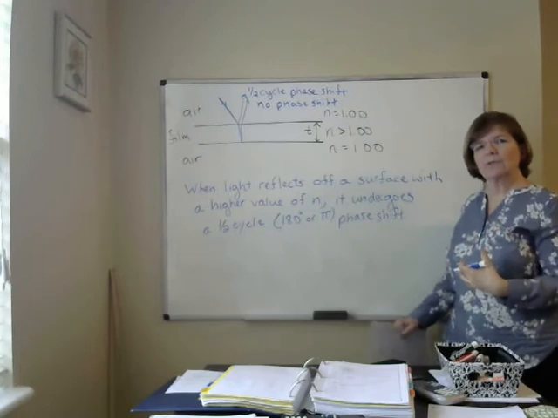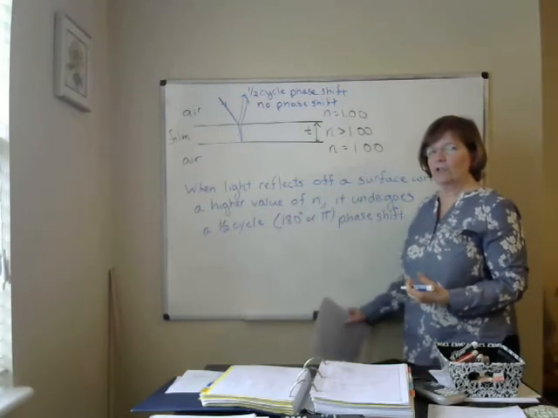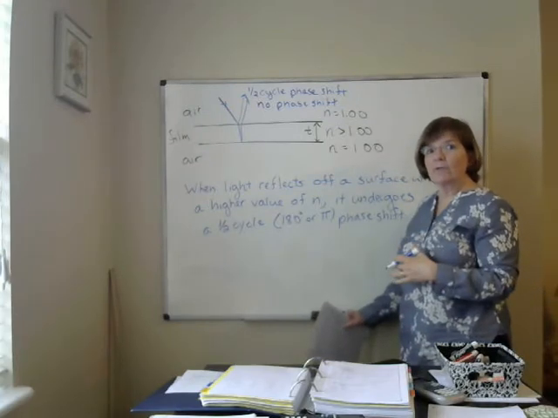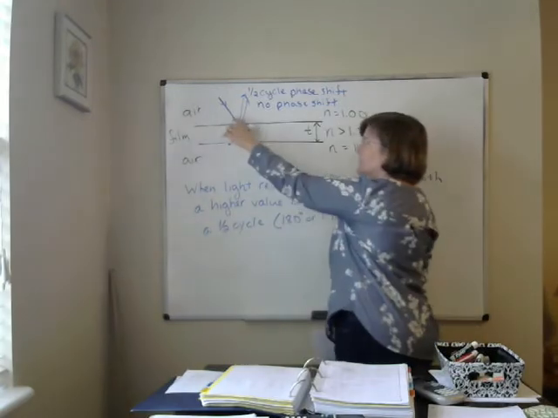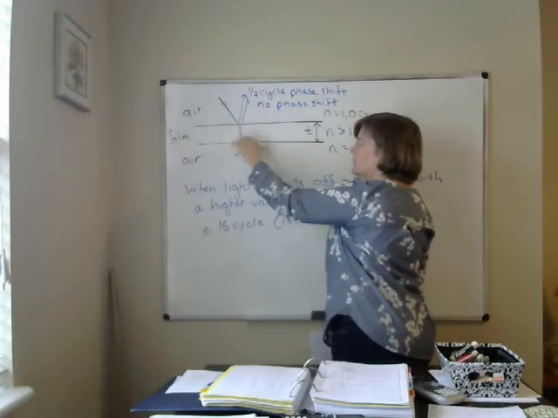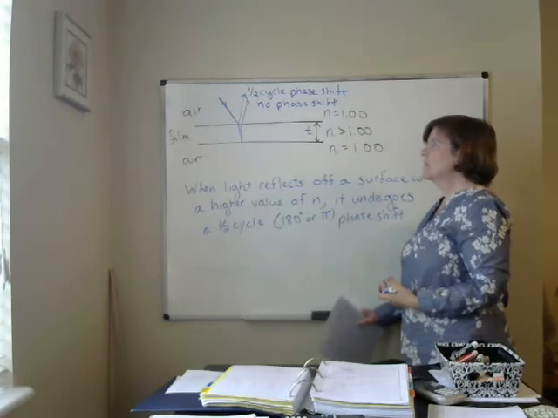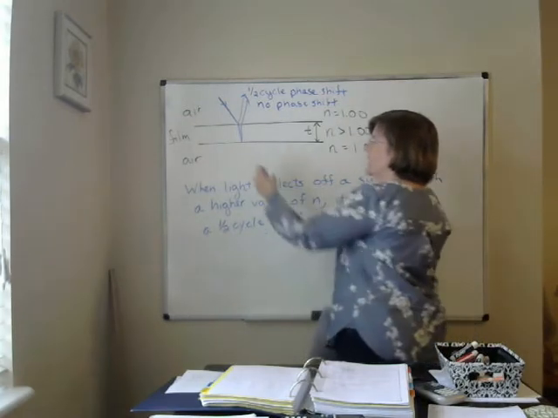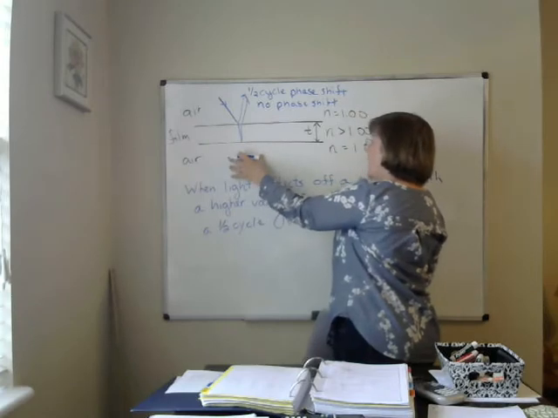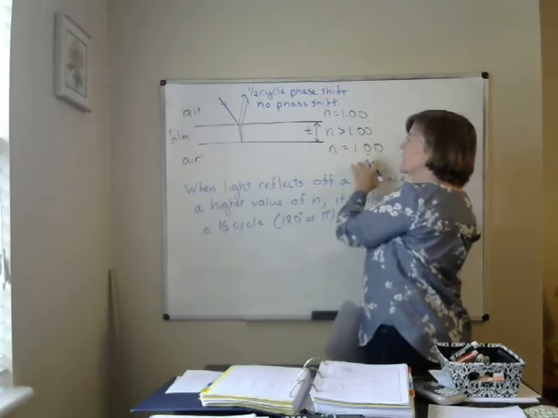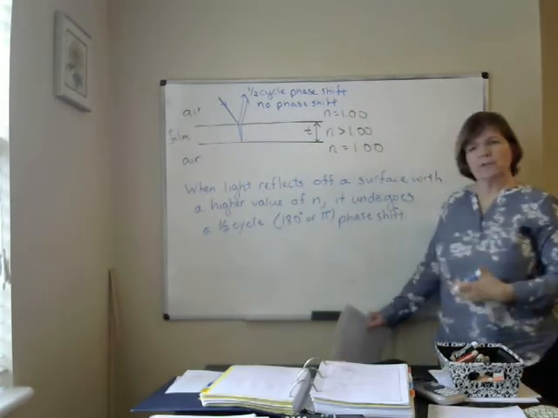Sometimes what you're going to see when you do these problems, you can have situations where there's no phase shift at the top and no phase shift at the bottom, depending on the indexes of refraction. Or if we had gone from air to film to a piece of glass, which had an even higher index, you might get phase shifts at both surfaces.